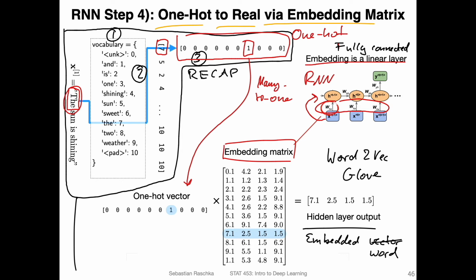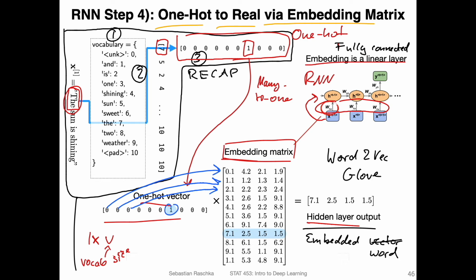All right, so how do we get from this one hot vector with embedding matrix to the hidden layer output? Yeah, it's a matrix multiplication. So if you think of the one hot vector that we have from here, you can think of it as a 1 times v-dimensional matrix, where v is the vocabulary size. So if you think about the matrix multiplication, it would be 0 times 0.1 plus 0 times 1.1 plus 0 times 2.1 and so forth.